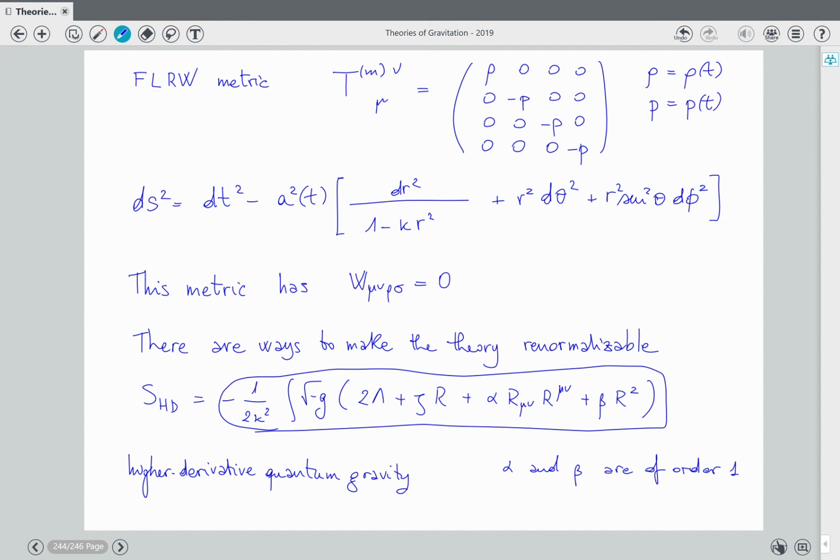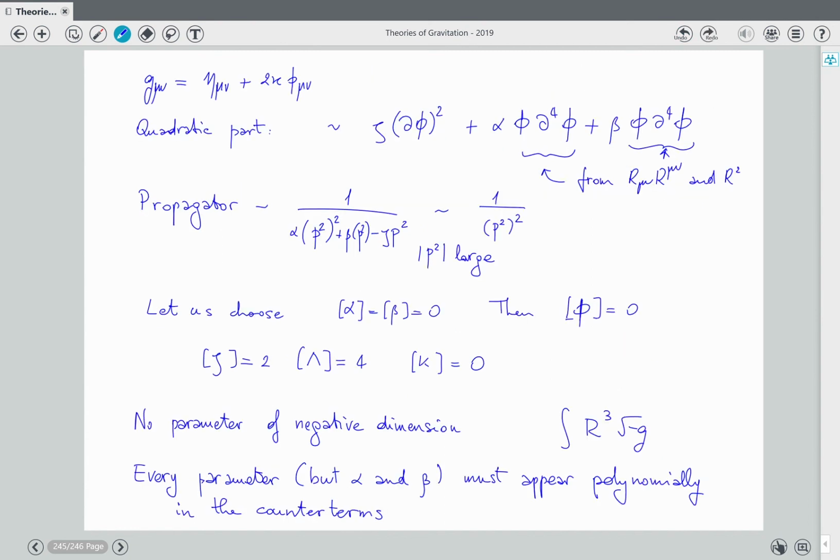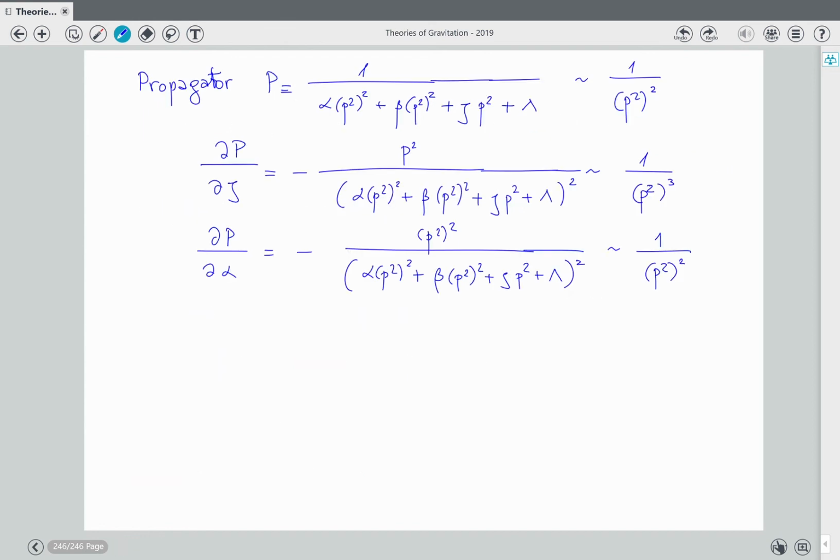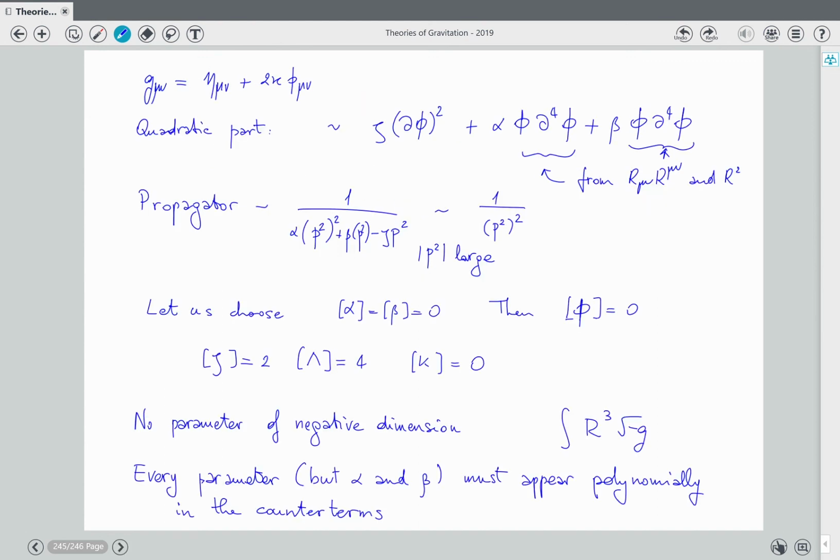And they are the same here. One, R mu nu squared and R squared, which will be multiplied by functions of alpha, beta, zeta, and lambda, and kappa, which is redundant actually. One of them is redundant, but it's useful because this is like h bar, so it's better to have it. And this theory is strictly renormalizable because its coupling kappa has dimension 0.